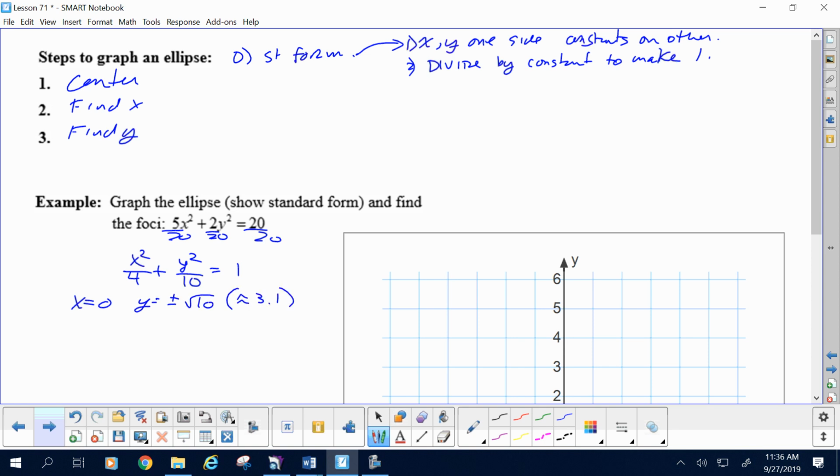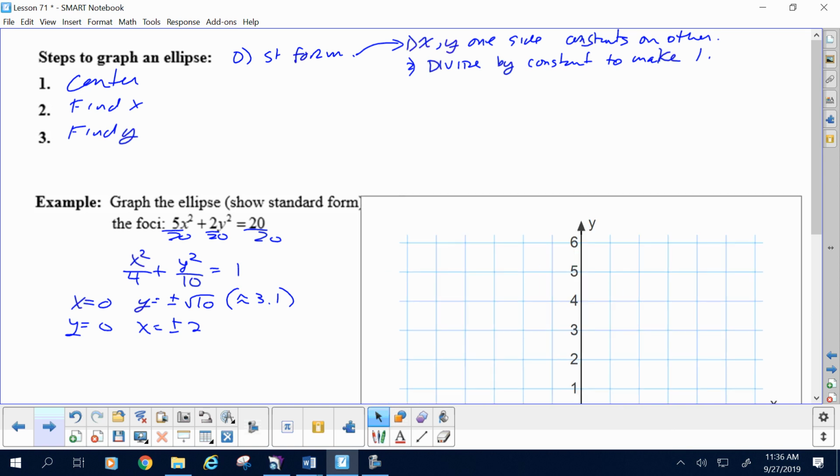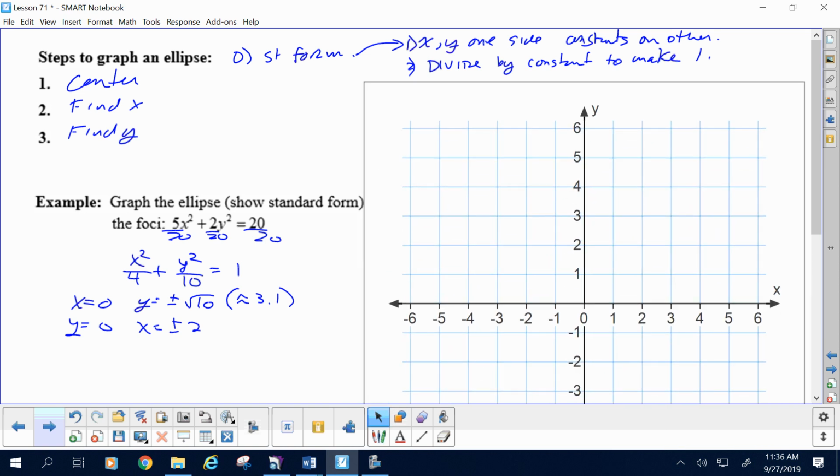When y equals 0, this guy's gone, and then x is plus or minus 2. If I locate those points on my graph, I start at the center and go right 3 and a little more, and left 3 and a little more. I would say that's root 10, and negative root 10. And up 2 and down 2.